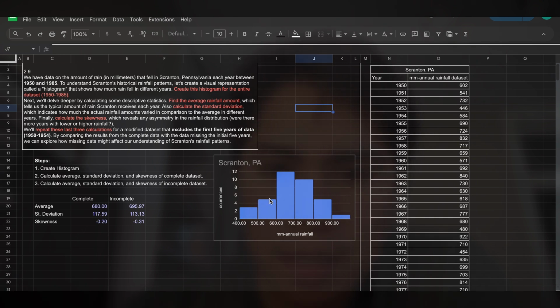In this graph, we can see that it's skewed negative, so it means there are more values above average.